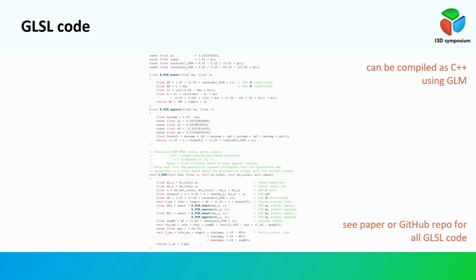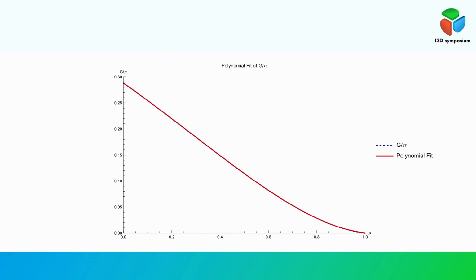In the paper, we also provide GLSL code, including exact and approximate versions of one of the more expensive terms, this directional albedo term, to make this even more suitable for real-time applications. So we have some pretty accurate polynomial fits of this one expensive variable.